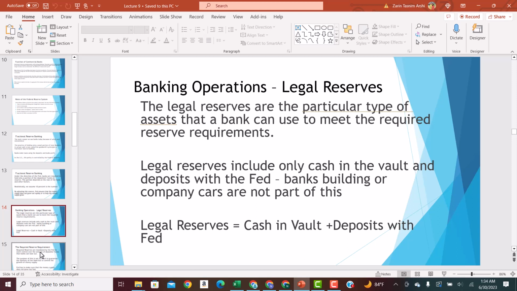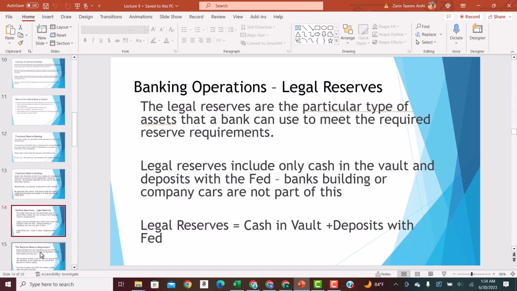We also talk about legal reserve. This is a type of asset for the bank. Legal reserve is all the cash they hold in the vaults as well as the deposit account balances that banks have with the Fed.